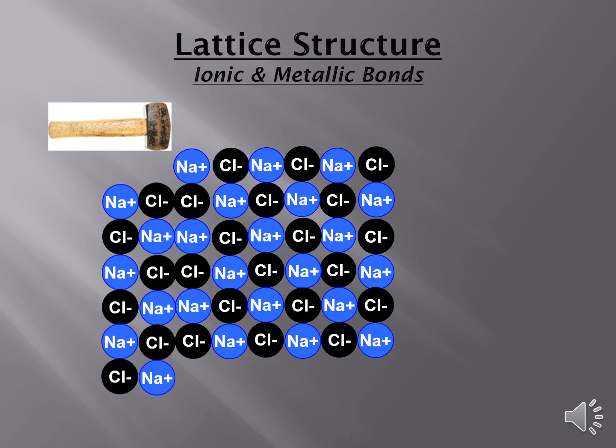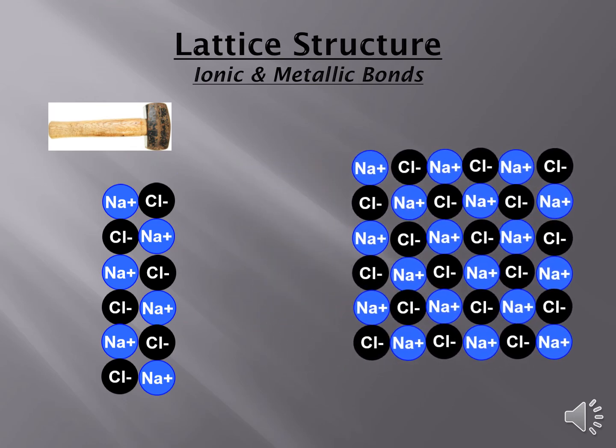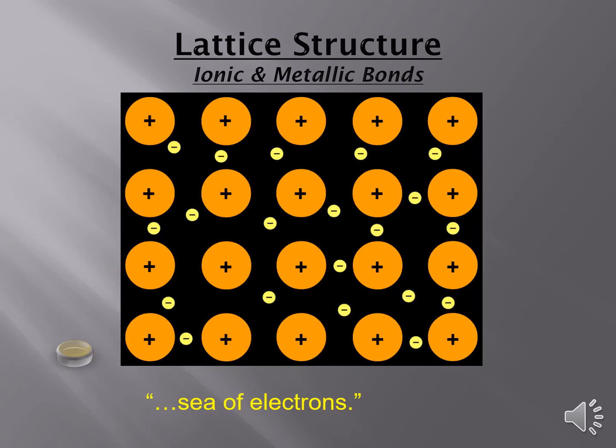If you look at where it hit, see now the black chlorine circles are right across from each other, and the positive sodiums are across from each other. And we learned before that opposite charges attract. Well, like charges, like two negatives or two positives, they repel each other. So all of a sudden it splits and comes apart. Okay, and that's how the crack actually begins to propagate down through the crystal or the lattice structure.